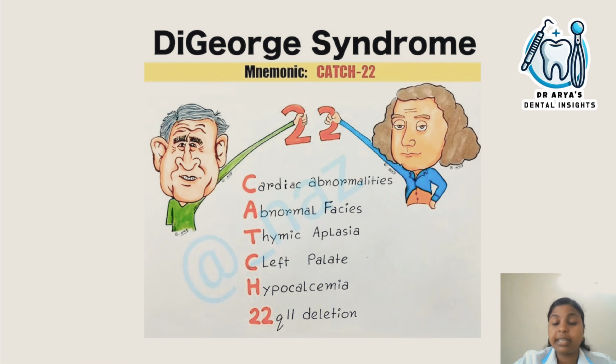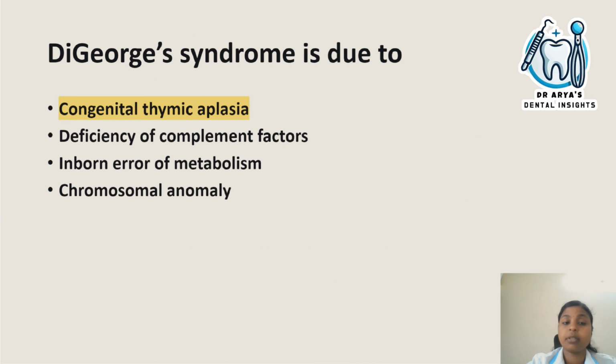So a mnemonic is CATCH 22. That is C for cardiac abnormalities, A for abnormal faces, T for thymic aplasia, C for cleft palate, H for hypocalcemia, and 22, chromosome number 22 is affected. There is deletion of it. Okay, so DiGeorge syndrome, CATCH 22, and it is due to congenital thymic aplasia.